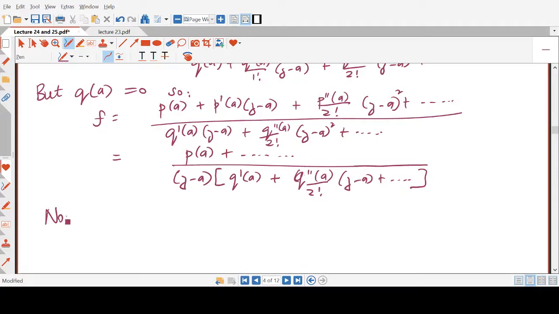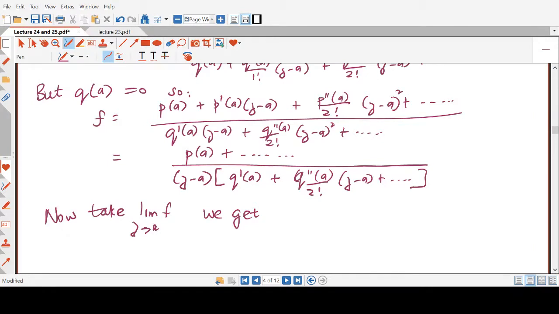So now take the limit of f of z as z approaches a. All these other terms with z minus a, as it goes towards a, will be 0. This one will survive. So this one here alone will survive.